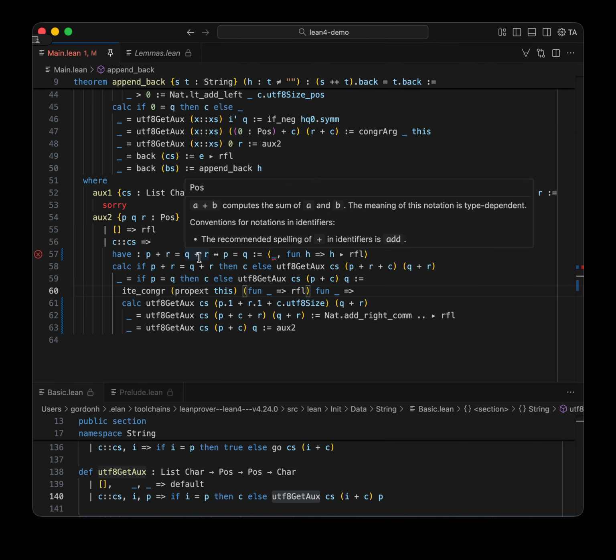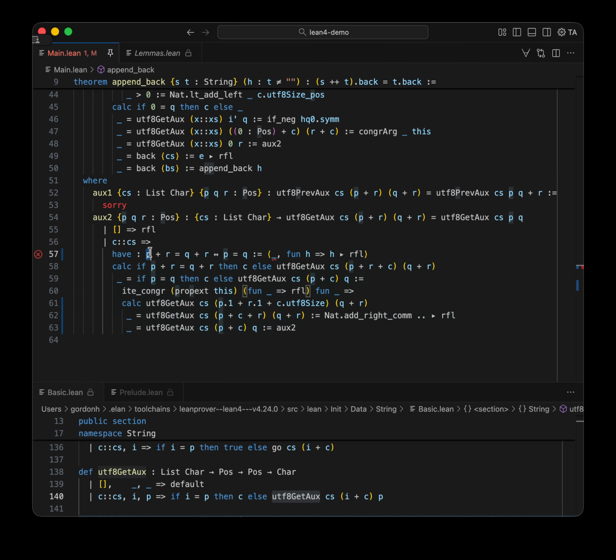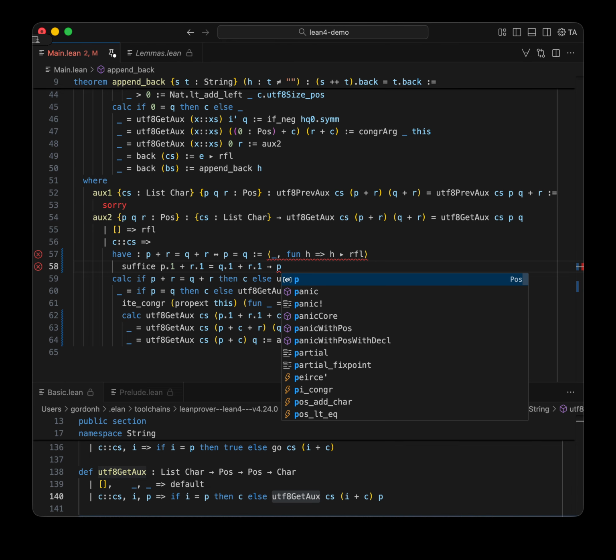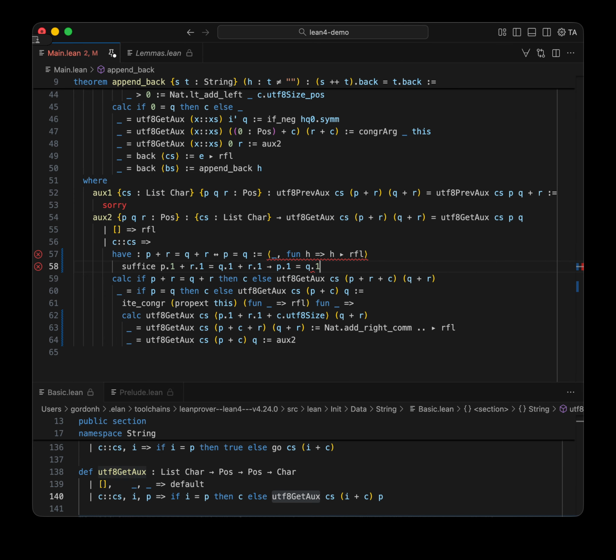I mean, this is just the cancellation rule for natural numbers, but we are stuck with position. There is some form of extensionality that has to be introduced. Say it suffices to prove this equals Q to imply P.1 equals Q.1.